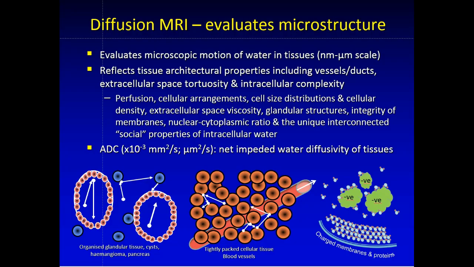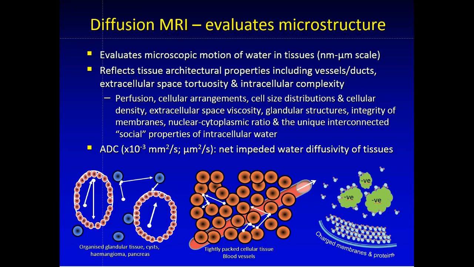Diffusion imaging is a technique that looks at the microscopic motion of water within tissues. So a phenomenon that's occurring at a nanometer and a micrometer scale, averaged up at the level of a pixel, which is in the millimeter range.